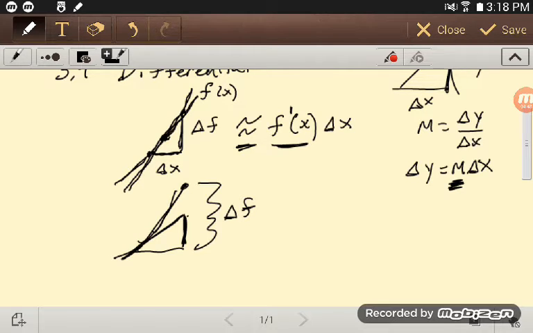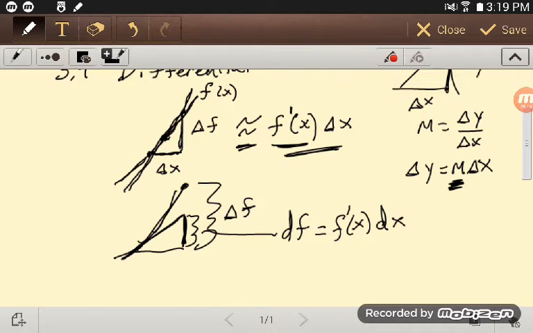What we're going to call this thing here is df, or the differential of f. And that, as we pointed out up here, is just our derivative, the slope of our tangent line, times delta x. Except now, in this case, we're just going to call it dx, the differential of x.